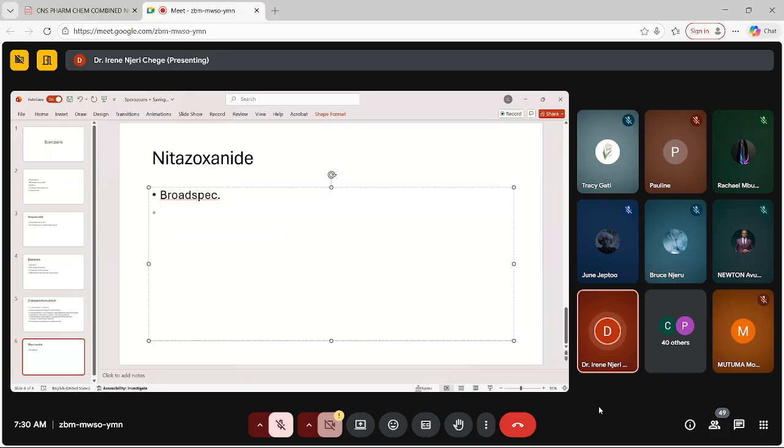It has a thiazole ring, similar to metronidazole, and a benzamidine ring, similar to niclosamide.